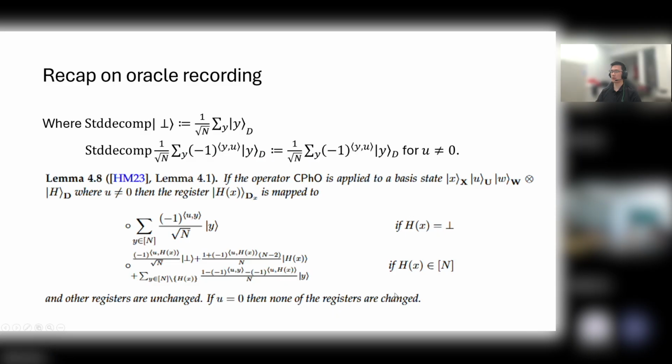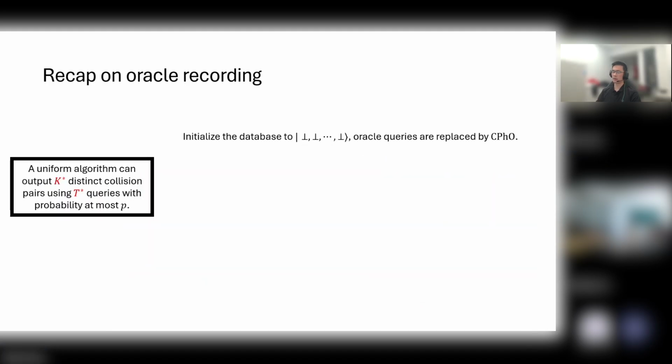Okay, so to recap what we are doing in the oracle recording, we're using this lemma from a previous work. You don't actually need to care about the details, but basically the oracle recording works as follows. Initially you have an all-bot database. In the classical setting, this means that the oracle is not sampled yet, and here it's all superposition, and the algorithm does not know anything about the oracle.